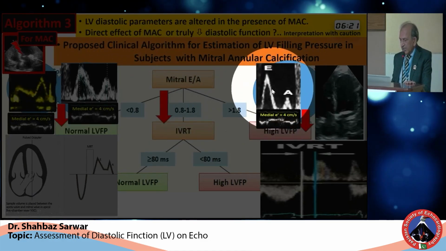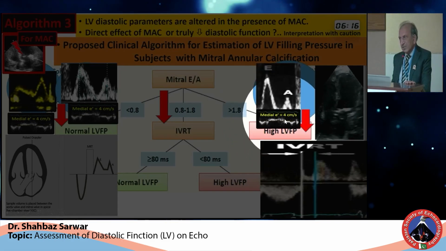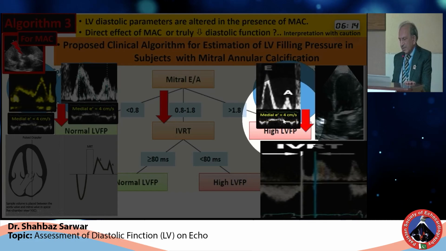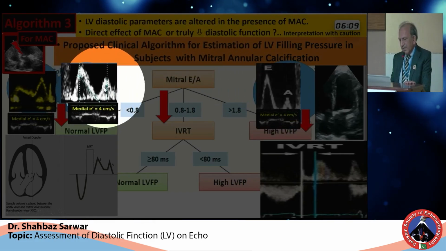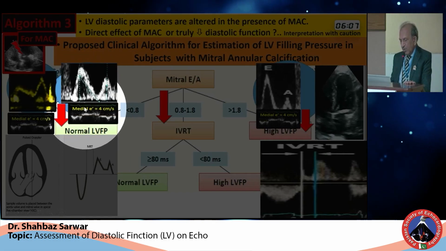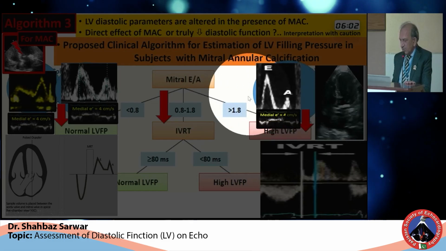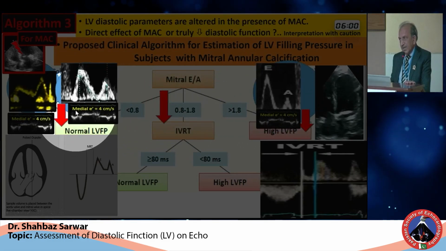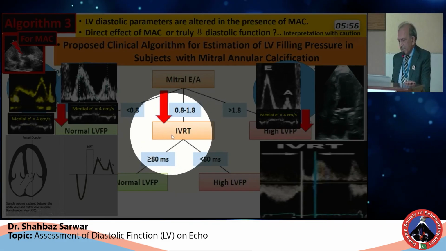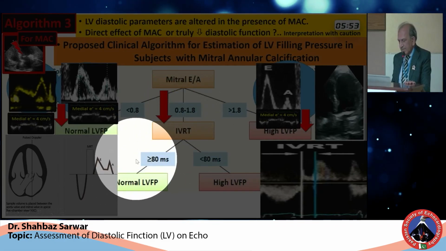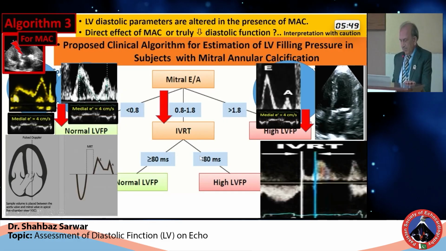If it is a restrictive pattern or grade 3 abnormality with E prime reduced, this shows that filling pressures are increased. But in patients where E velocity is slightly bigger and A is slightly smaller, the pseudo-normal kind of pattern, and E prime is reduced, but due to significant MAC you cannot really calculate the filling pressures, then you look at the isovolumic relaxation time, and the cutoff value is 80. If it is less than 80, then the filling pressures are elevated.